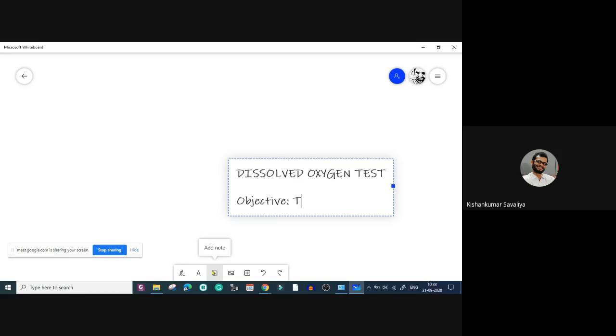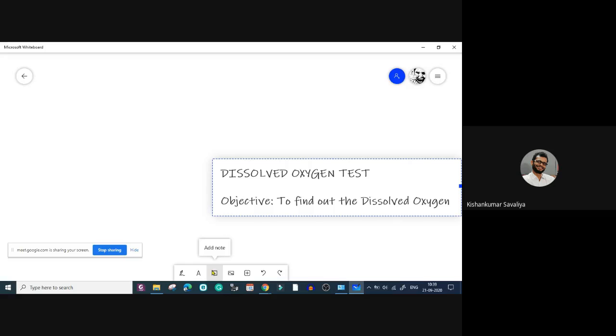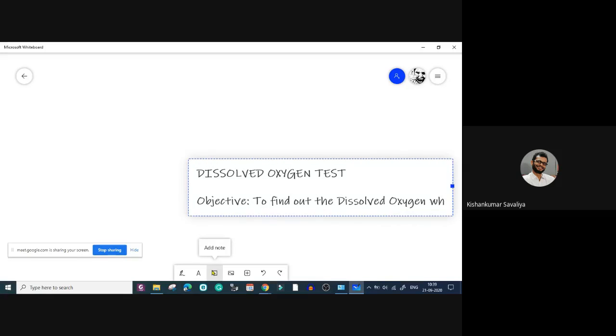Okay, so to find out the dissolved oxygen which is already present in the given sample.